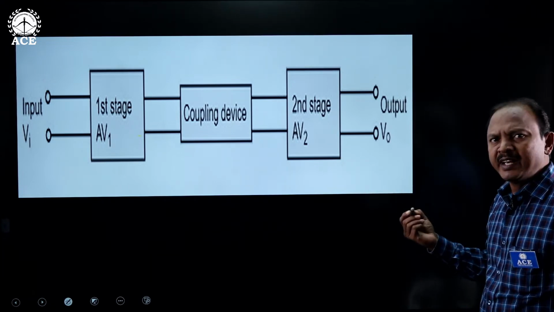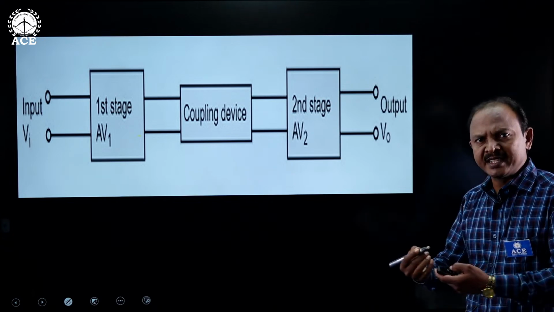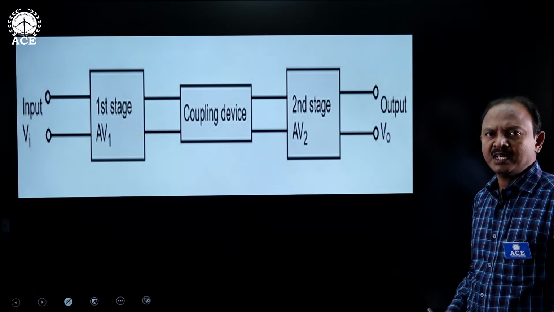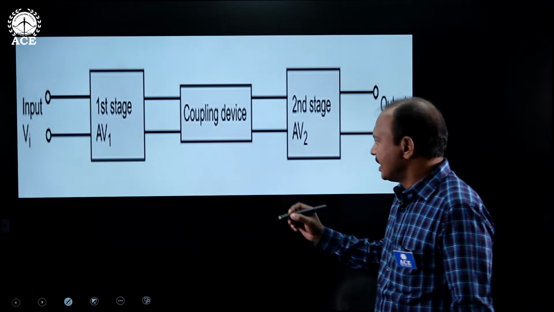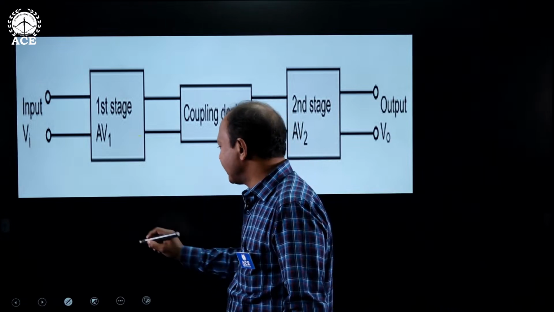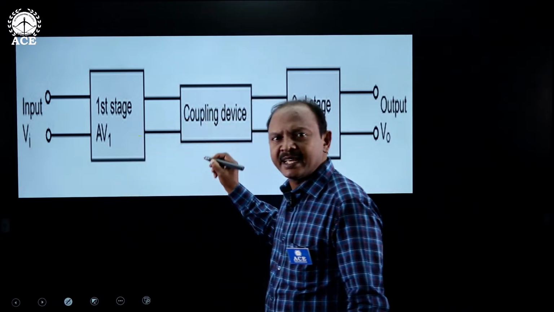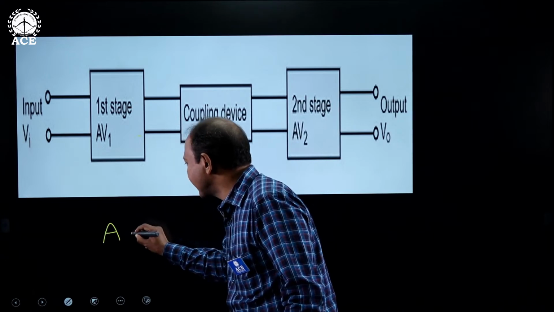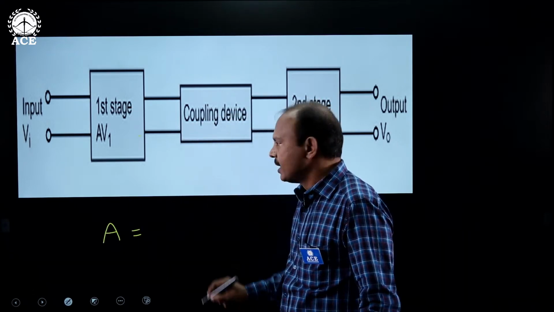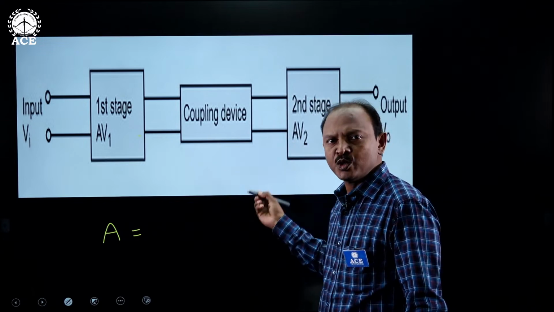Now, why do we need multistage amplifiers? When there are already single stage amplifiers available, why do we need multistage amplifiers? To understand that, first of all, look at the outcome of this multistage amplifier. Once we cascade n number of amplifiers, the overall gain of the multistage amplifier A becomes the product of gains of individual stages.